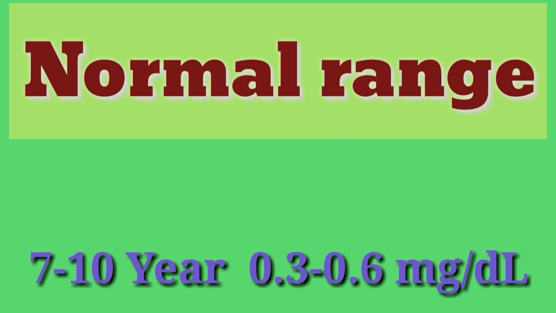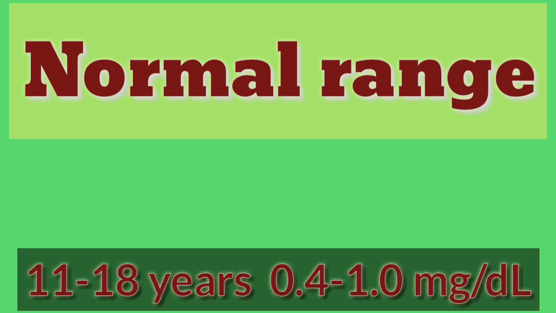At the age of 7 to 10 years, it will be 0.3 to 0.6 mg per deciliter. At the age of 11 to 18 years, the creatinine level in the blood will be 0.4 to 1.0 mg per deciliter.